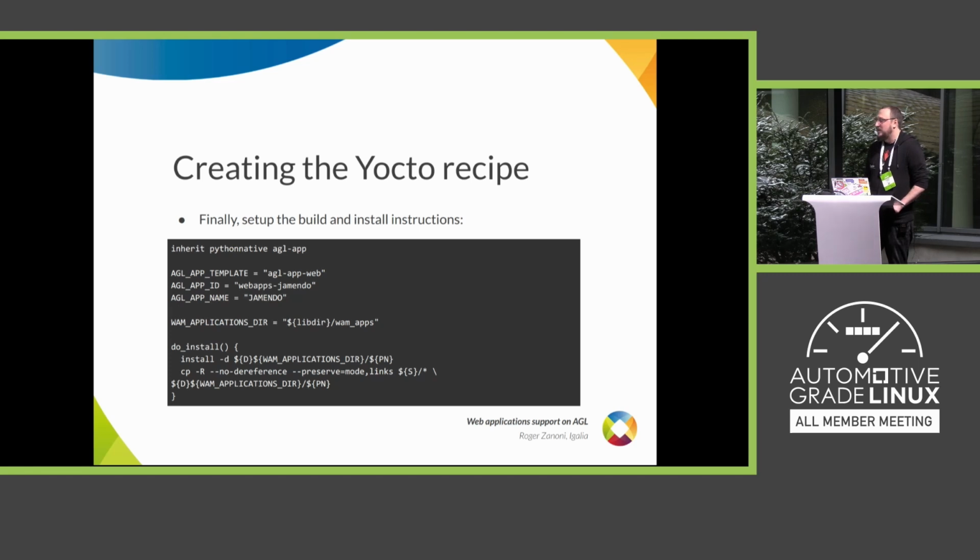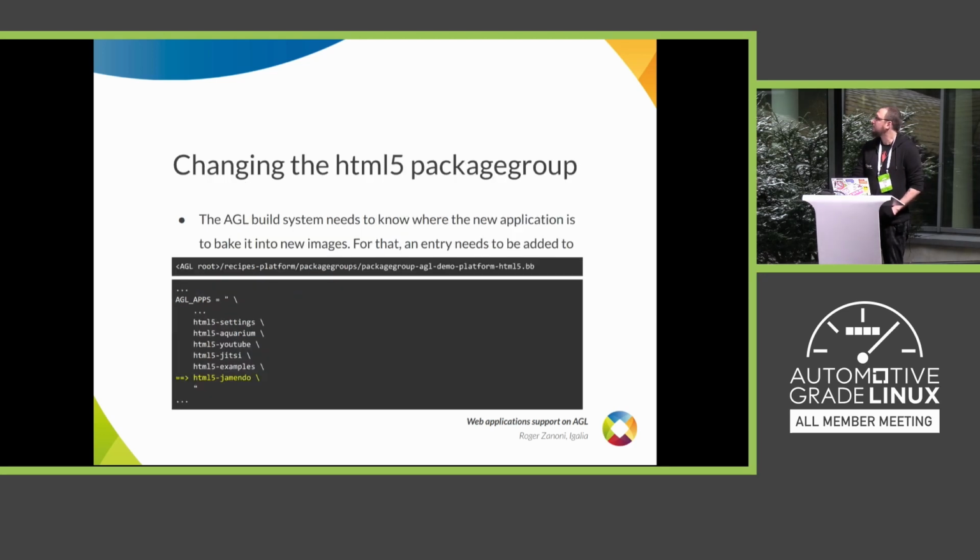This is going to make it use the generated systemd files that use WAM to start this application and point to the correct directory. And on the install here, you can, for example, if you are using other frameworks, call npm install or wherever your web application needs to be built and deployed.